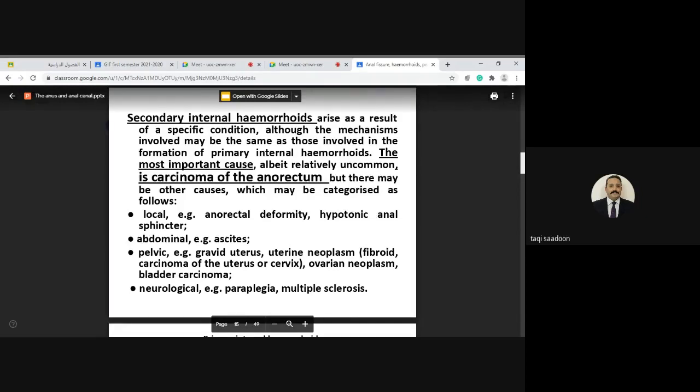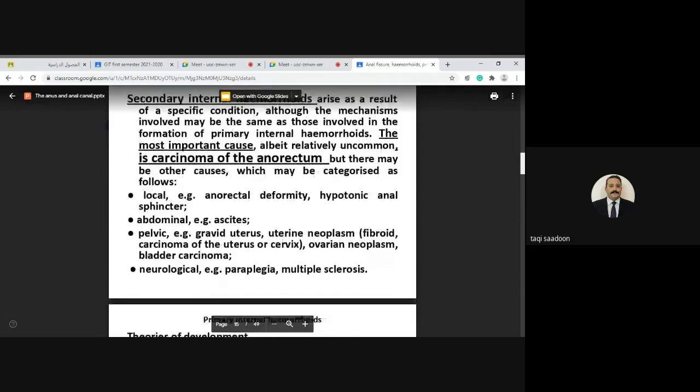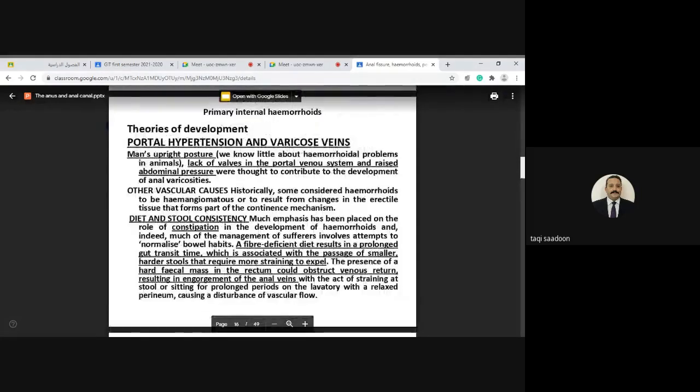Then other causes may be local anorectal deformity, hypotonic anal sphincter, abdominal causes such as ascites, pelvic causes such as gravid uterus, or neurological causes such as paraplegia and multiple sclerosis. Sometimes portal hypertension and other vascular causes. But the most important, of course, is that the human being is in the upright position, with a portal venous system without valves.